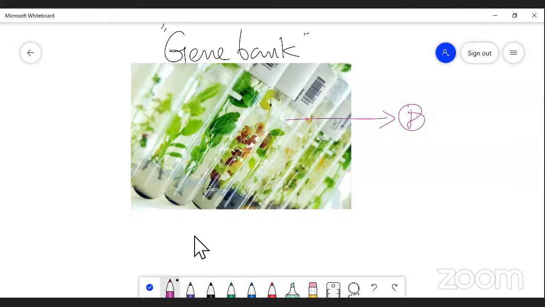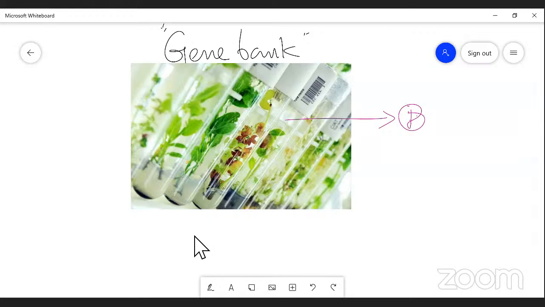This character is determined by a particular gene, so the name of the gene is also indicated and labeled on the test tube. That is called a gene bank: a collection of genes from various countries, stored and preserved along with the plant characters.